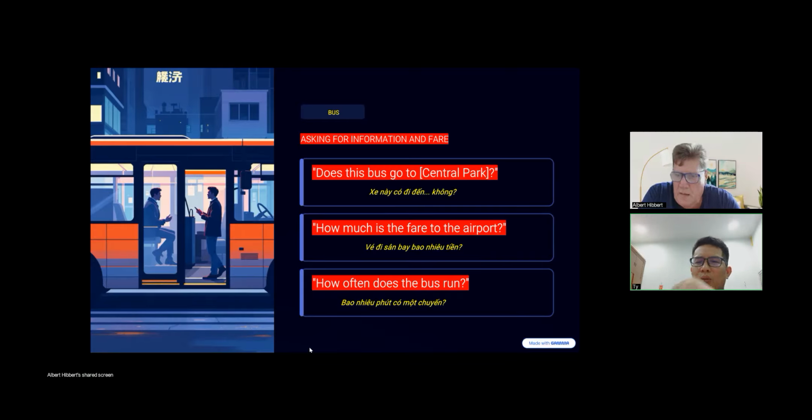For example, when you get a bus from Ocean Park to Smart City, you take number 6.